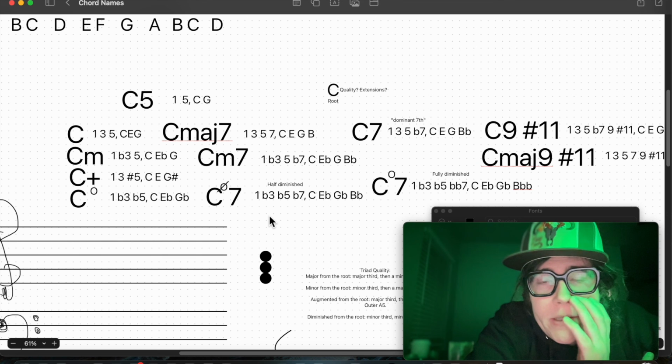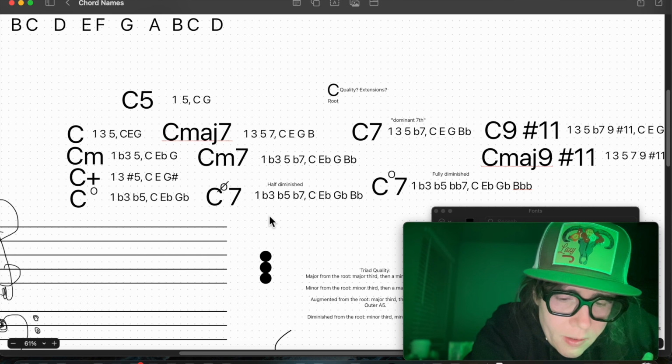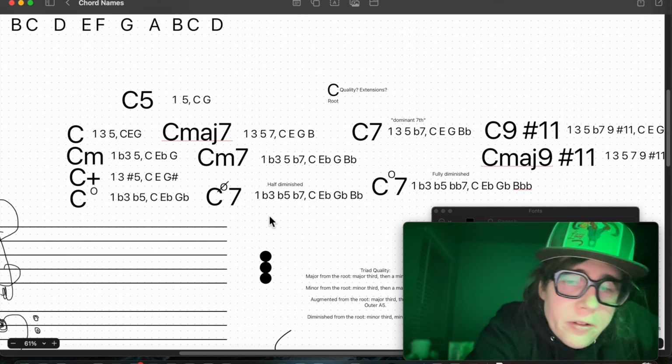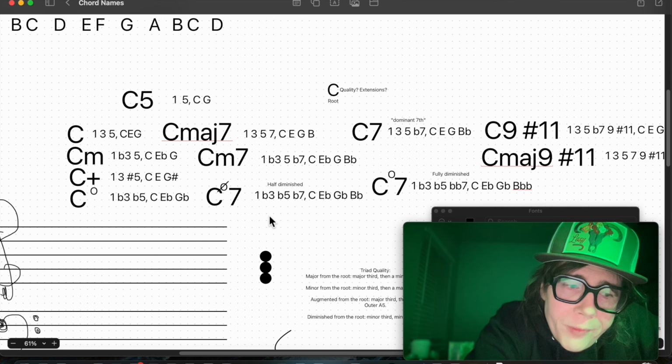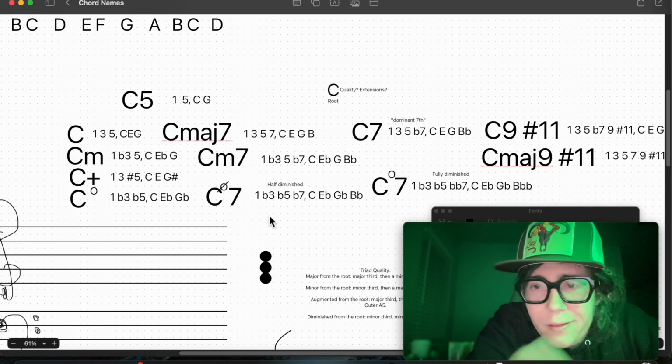This language is largely agreed upon at this point, especially with the digital age and greater standardization of kind of popular music being represented in sheet music and chord symbols.